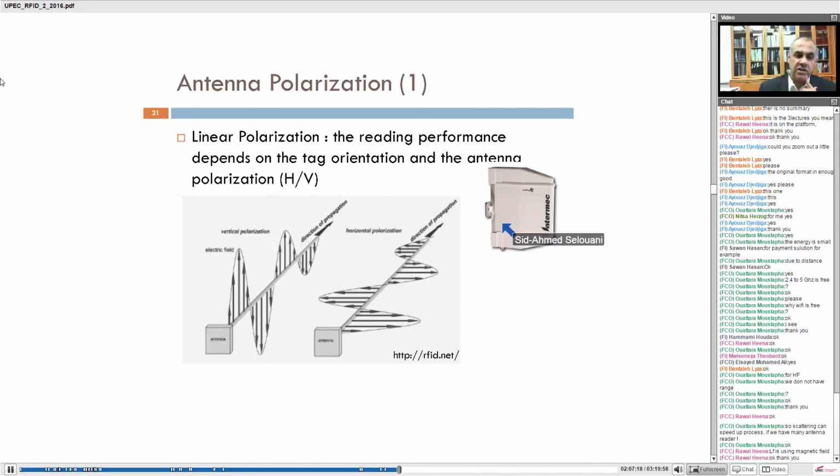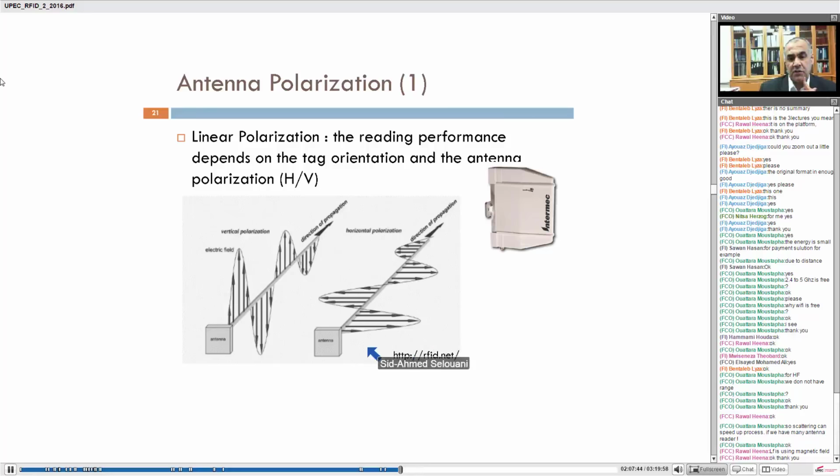Okay, so now the polarization. Remember that I showed you this picture yesterday. We have this antenna in our lab, and even from the shape of the antenna, I know that it's linear. This is a linear antenna because it's not spherical, not circular.